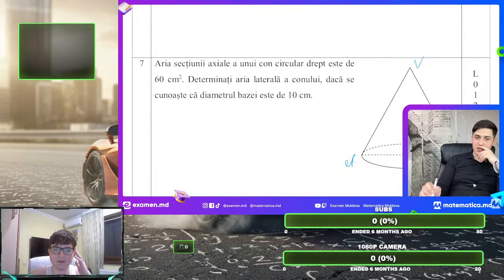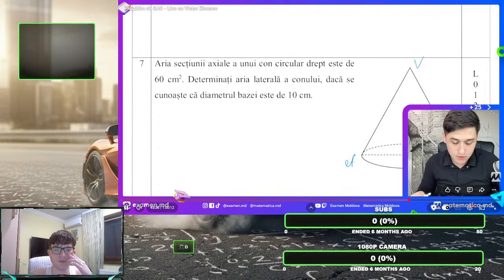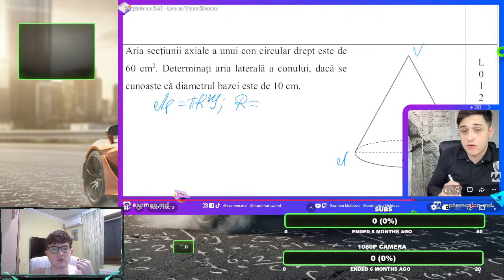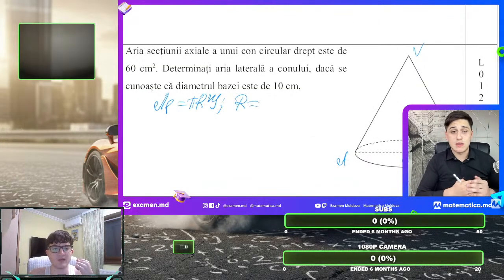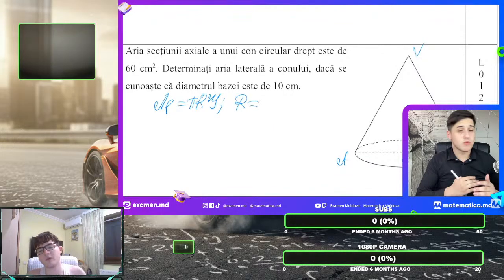The area of an axial section of a circular cone is 60 centimeters squared. Find the lateral area of the cone knowing that the diameter of the base is 10. I want to see the proper drawing. That's the formula pi R G. The G is the length of the side, the slant height, which you do not have.